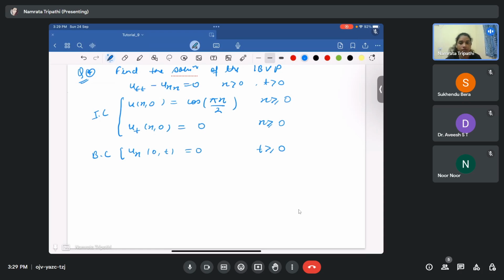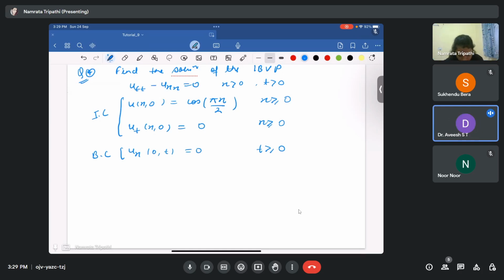Is anyone trying to solve? So it is case 2.